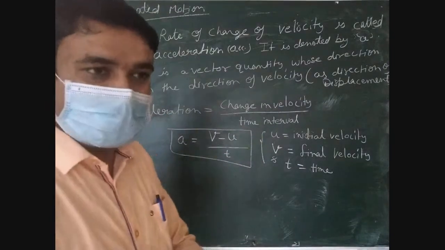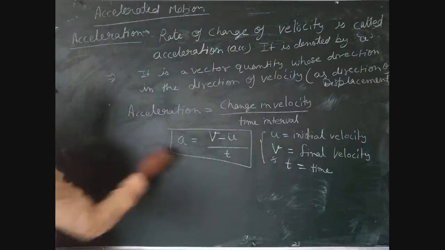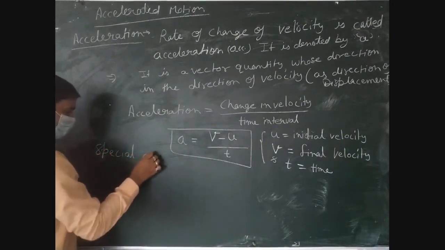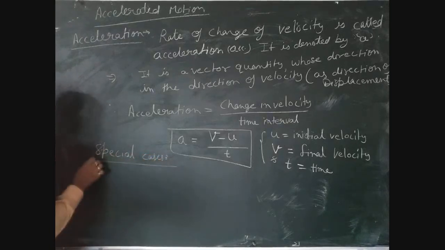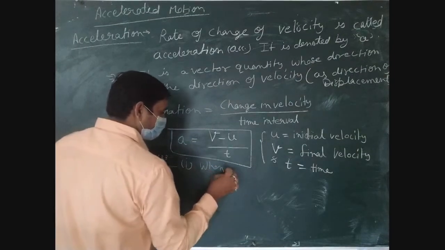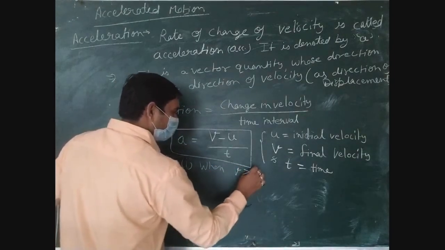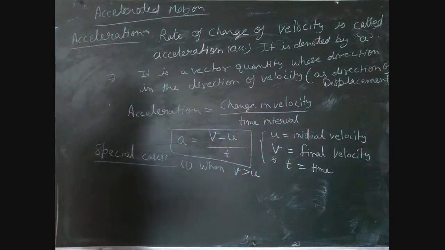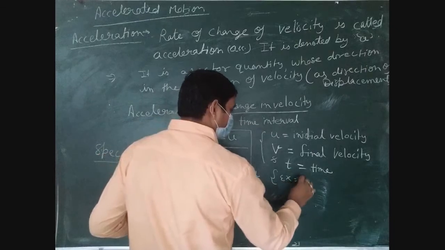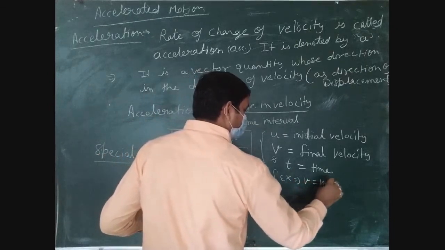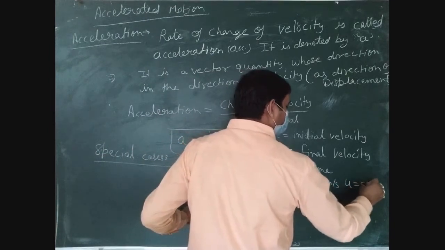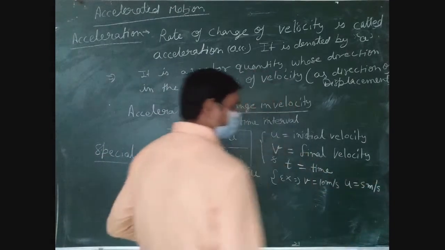Here two cases are special cases. First, when v is greater than u. Okay. For example, v is equal to 10 meter per second and u is equal to 5 meter per second.